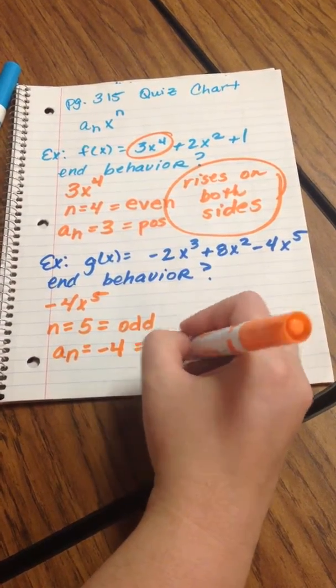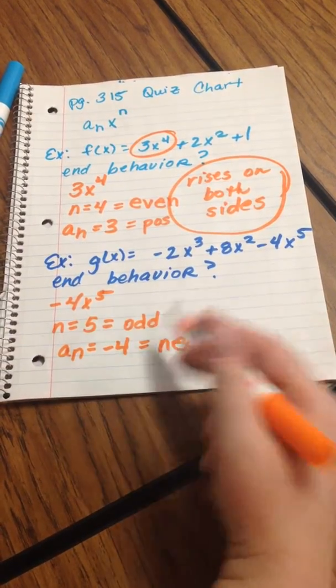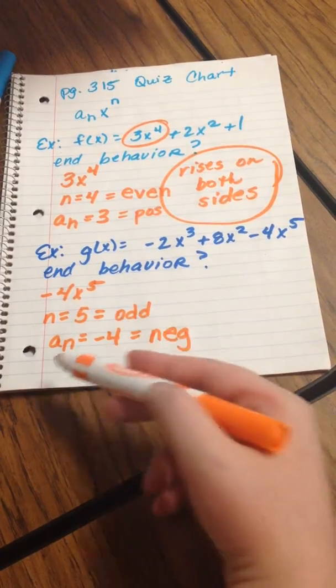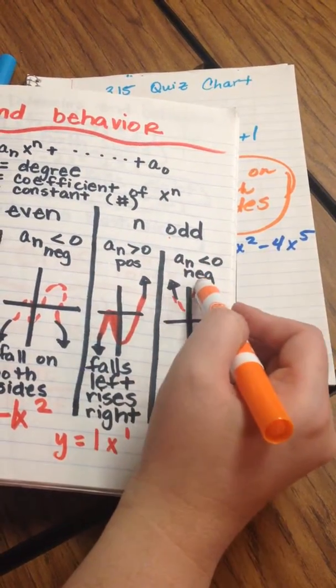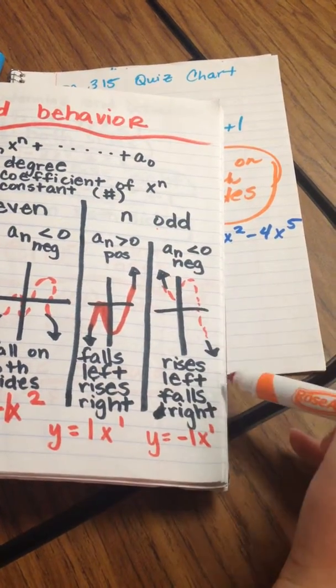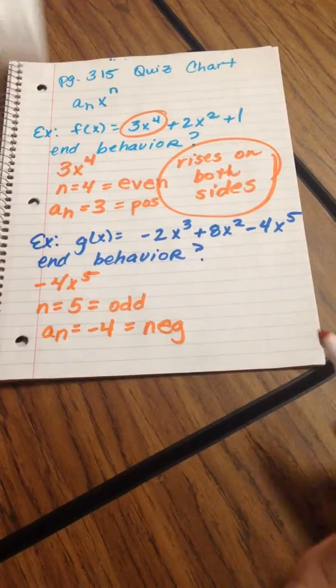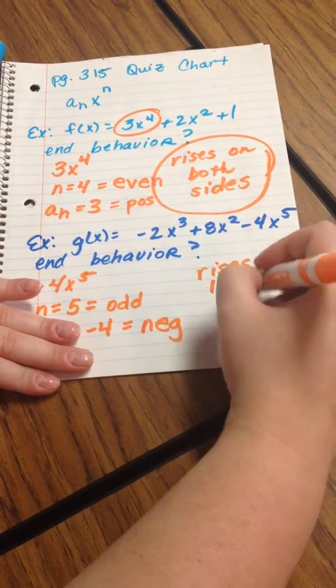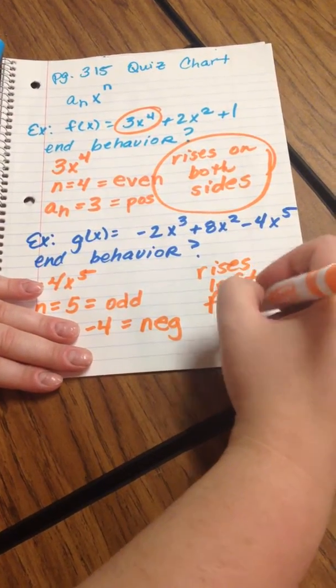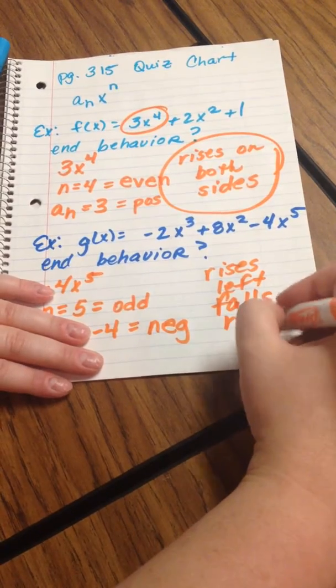So this one's negative. Then we just look at our chart to tell what the picture does. So for n odd and a sub n negative, it looks like this. It rises on the left, falls on the right. And that's end behavior.